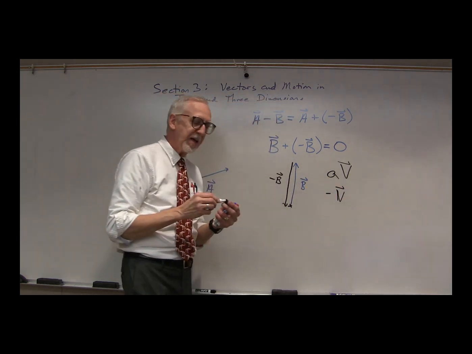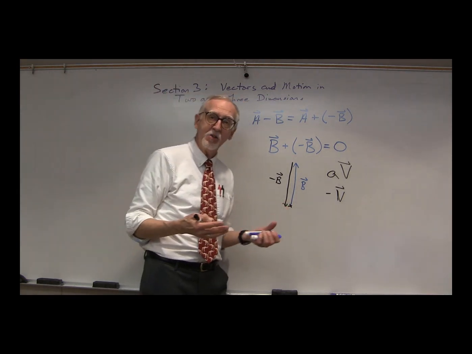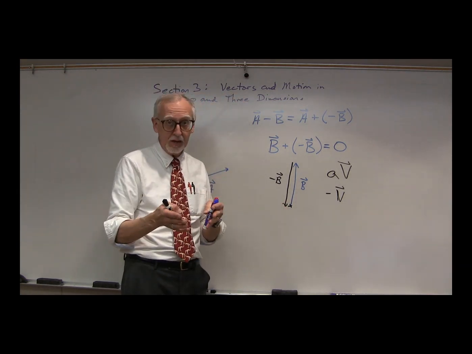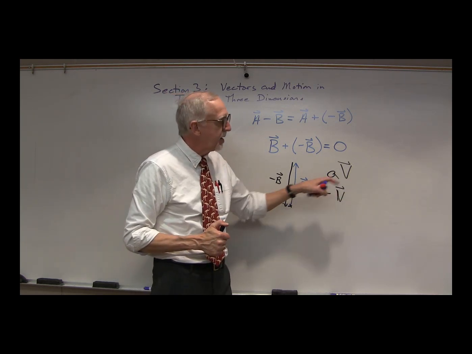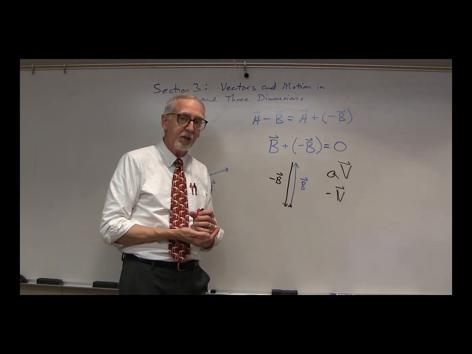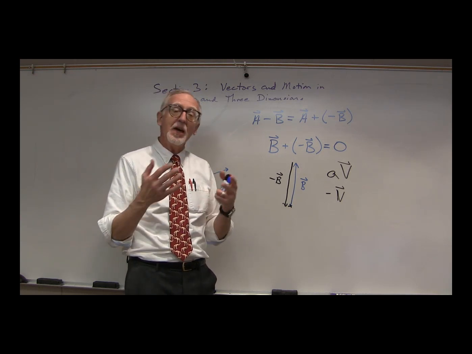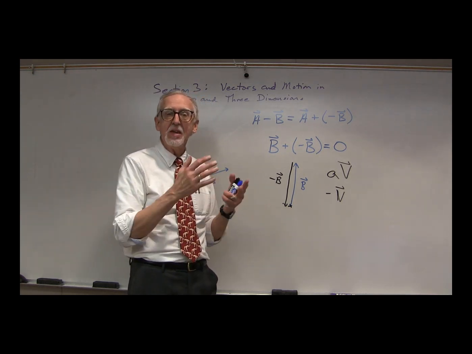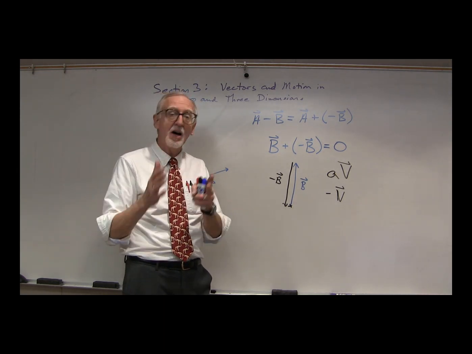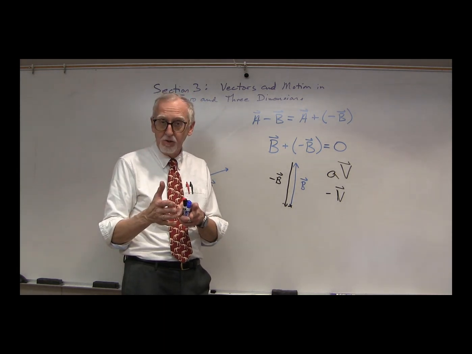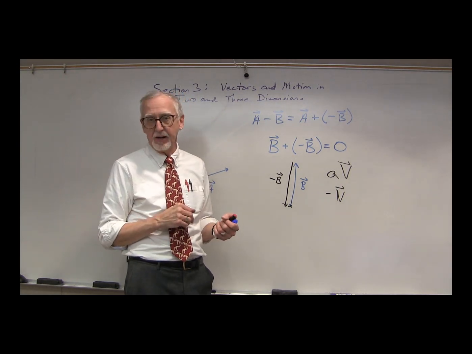In other words, we'd get a vector with the same magnitude, 1 times v, but in the opposite direction. So when we multiply a vector by a negative scalar, we end up again with a vector with a magnitude equal to the absolute value of the scalar times the magnitude of v, but in the opposite direction.